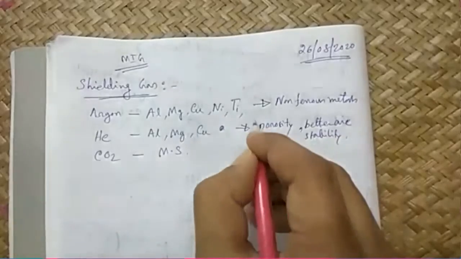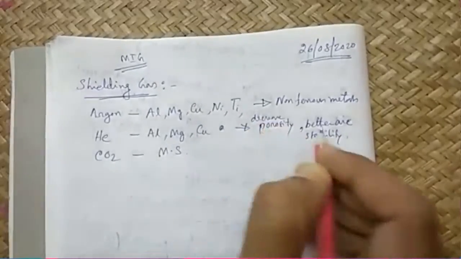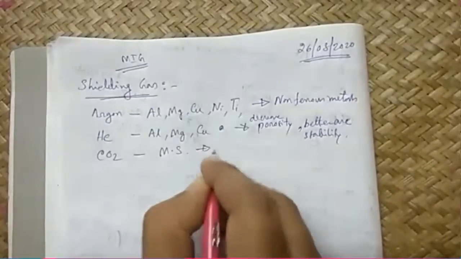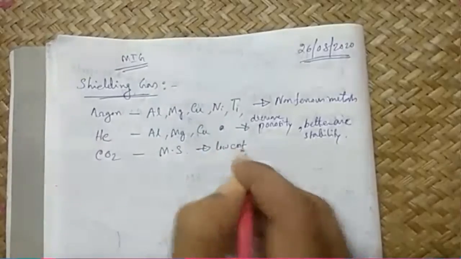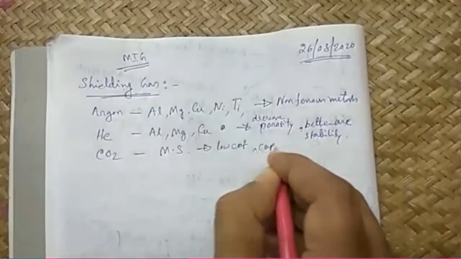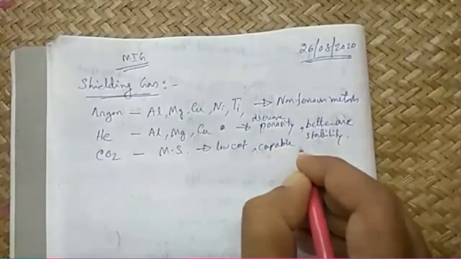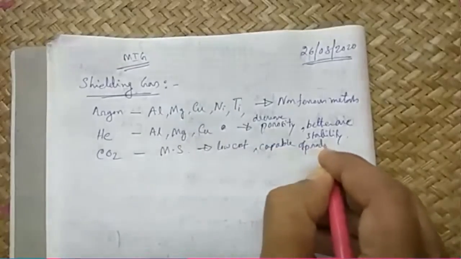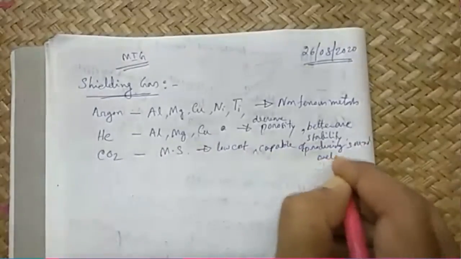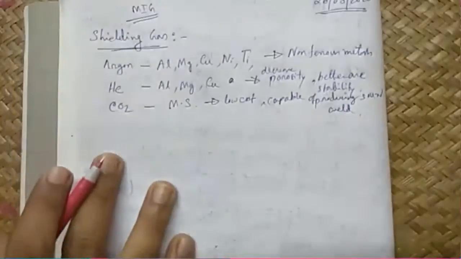So it decreases porosity, and better arc stability can be found. And CO2 is used because of its low cost. It is very low cost and capable of producing good, sound welds.